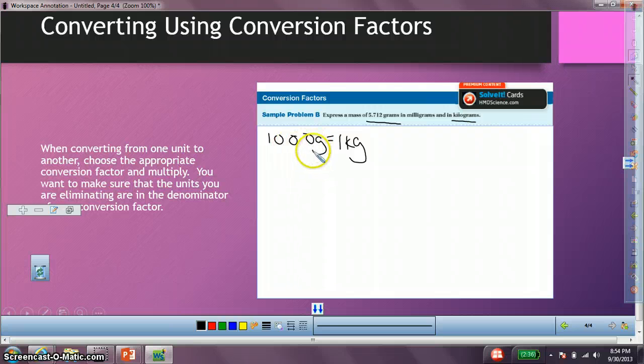We need to turn this into a conversion factor. Again, the units that we are eliminating need to be in the denominator. We're eliminating grams and changing to kilograms, so we're going to divide by 1,000 grams.